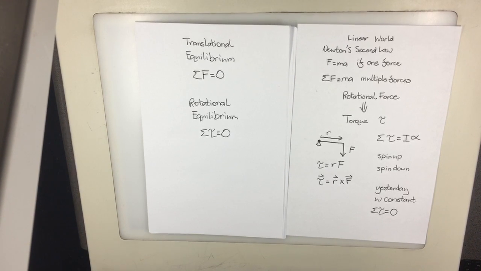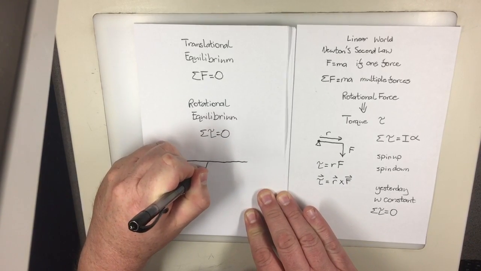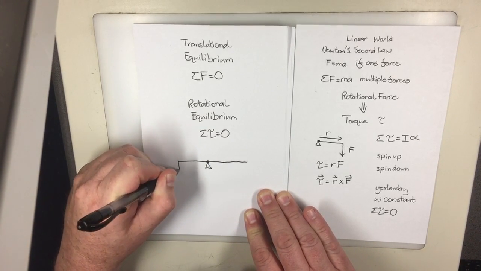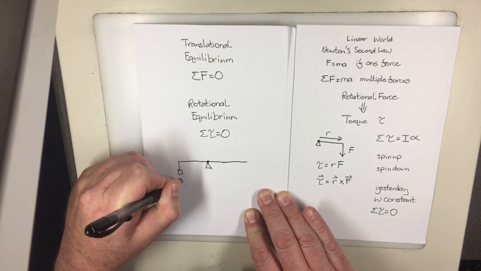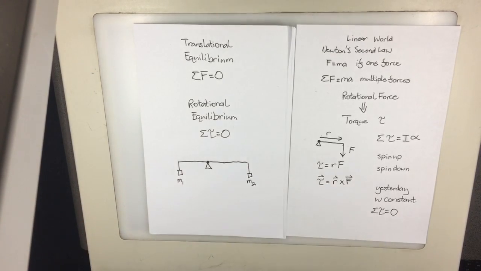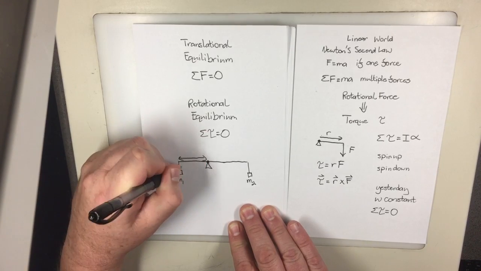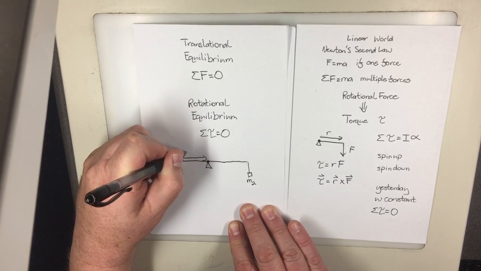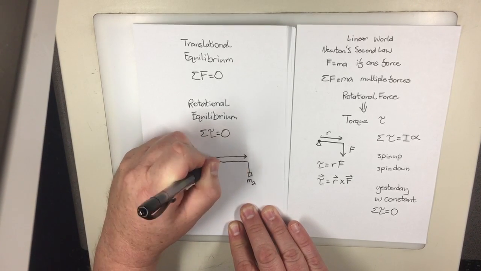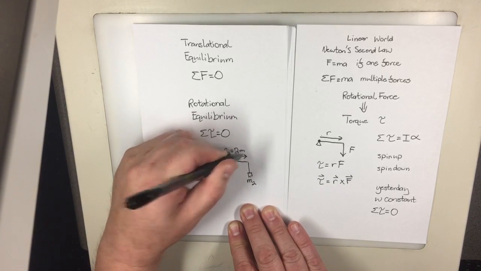A torque bar equation typically looks like this. We'll start very simple. You have one mass over there, M1, one mass over here, M2. It's not going to be to scale. The distance from the pivot point out there is R1. The distance from the pivot point out there is R2. R2 is 2 meters.